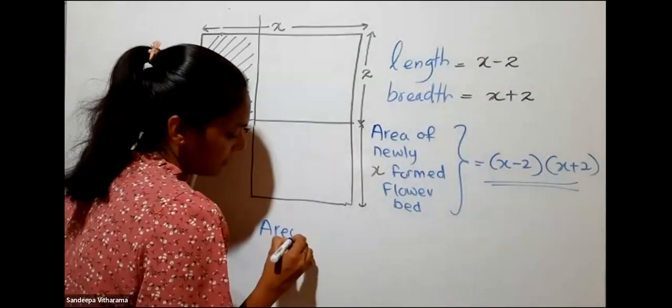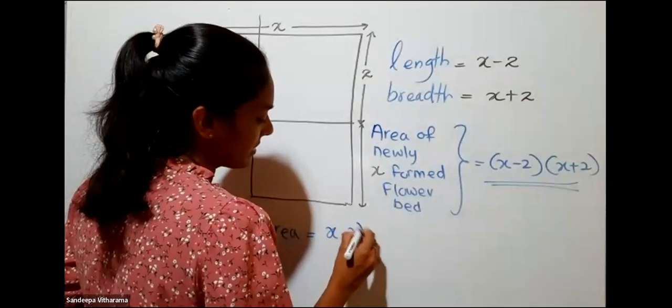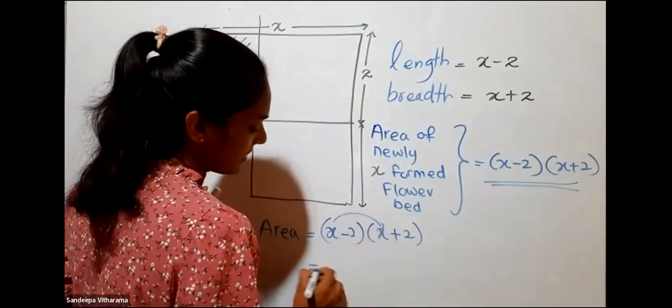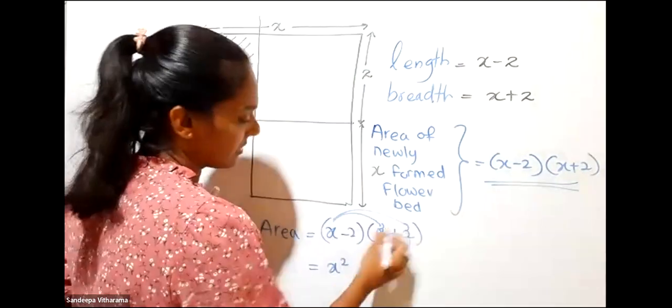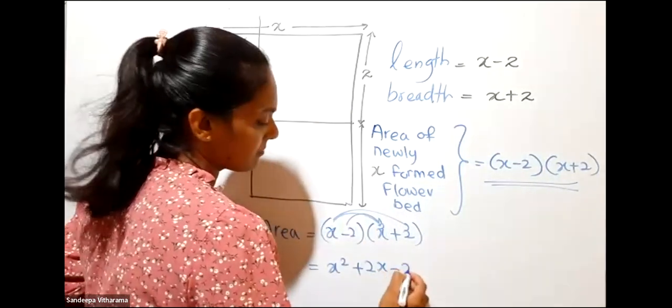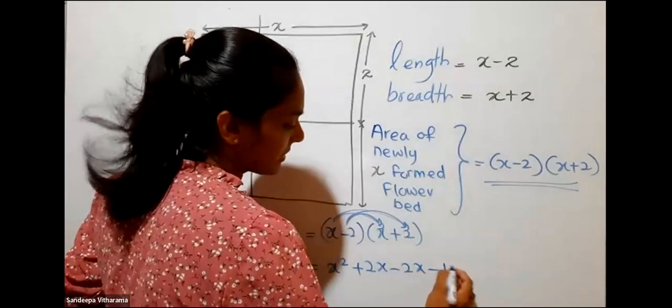Then you can expand this, x minus 2 into x plus 2. x into x, it is x squared. x into 2, it is 2x. Minus 2 into x, it is minus 2x. Minus 2 into 2, it is minus 4.